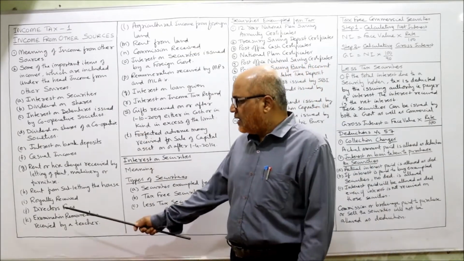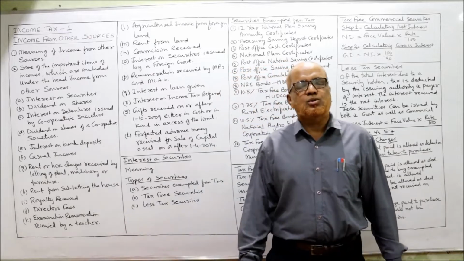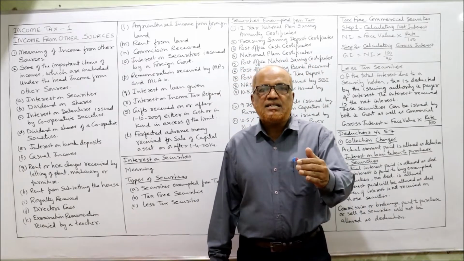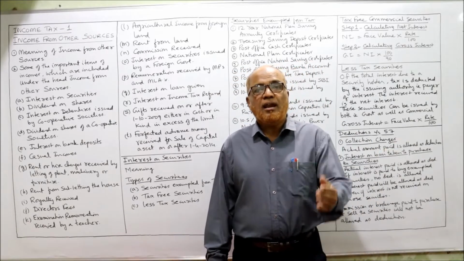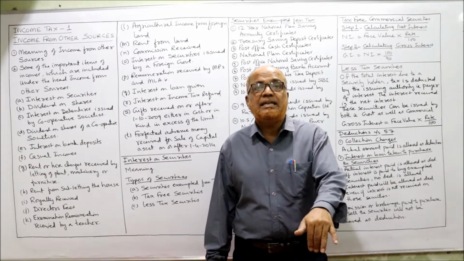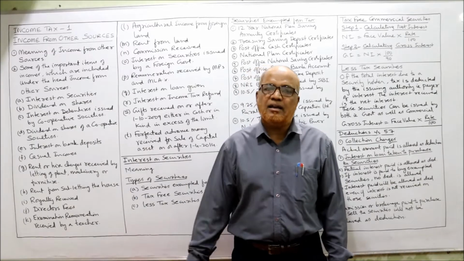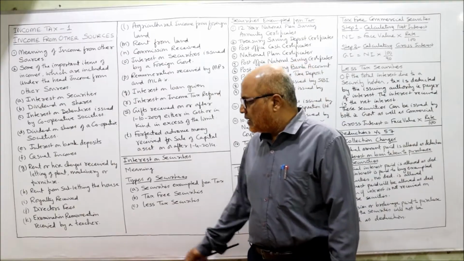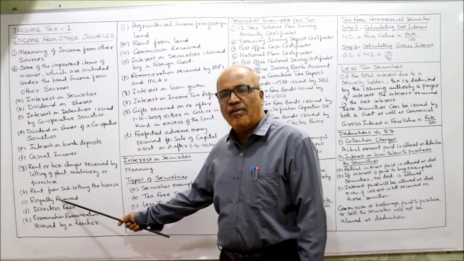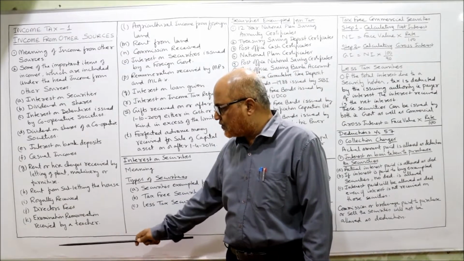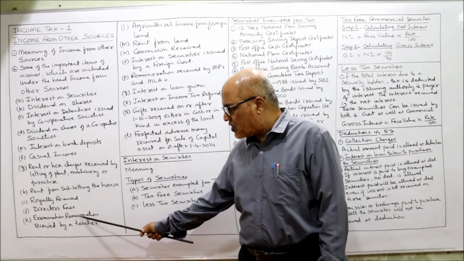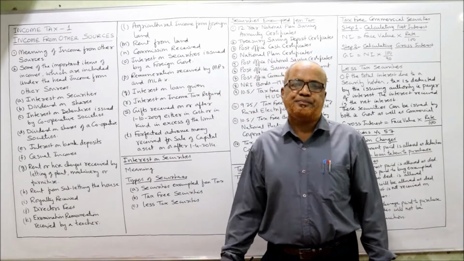Next, rent from subletting the house. If a tenant has sublet the house, then rent received from subletting is taxable under income from other sources. Then director's royalty received. If a person receives royalty or director's fees, or examination remuneration received by a teacher.